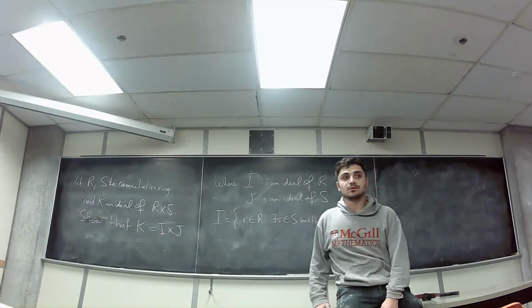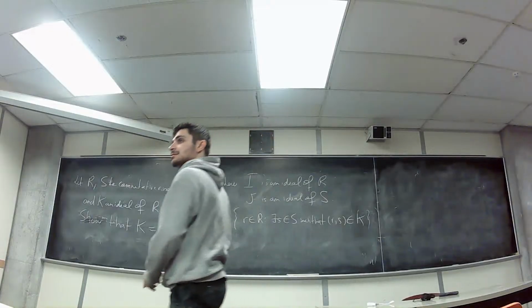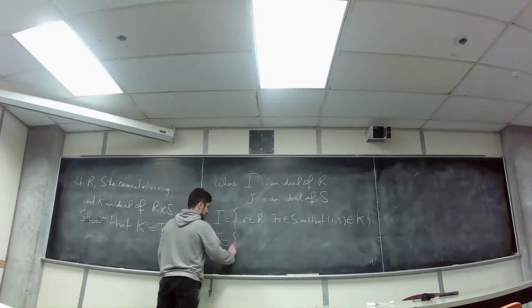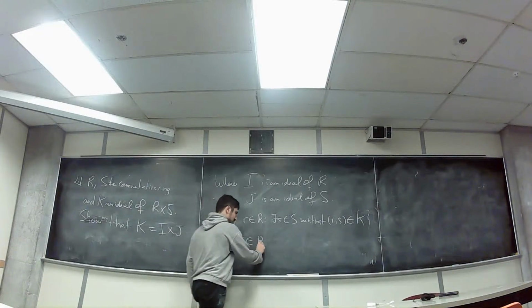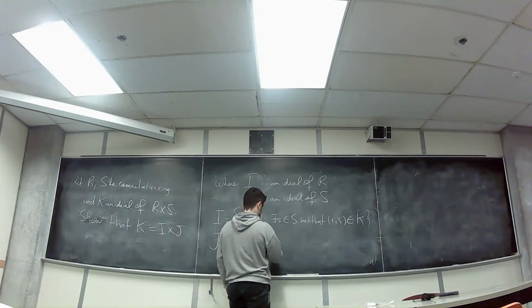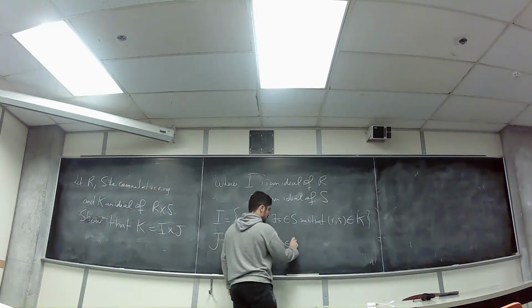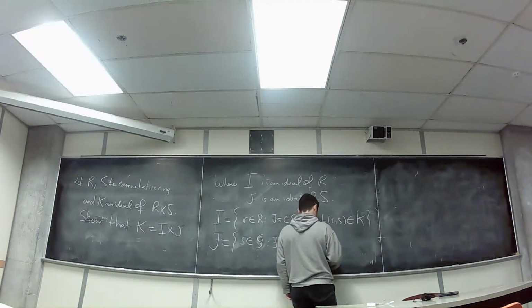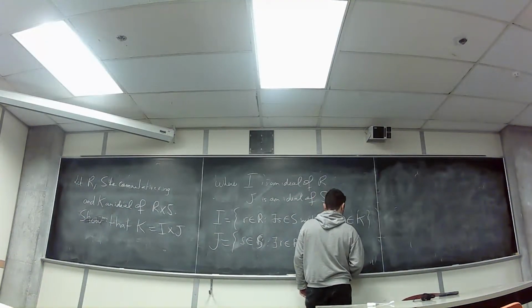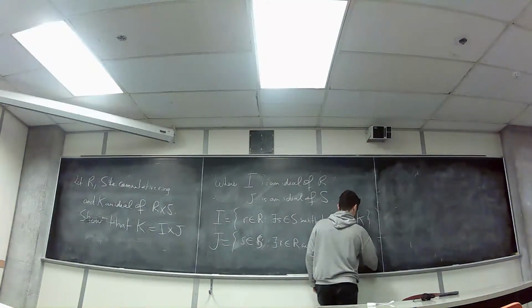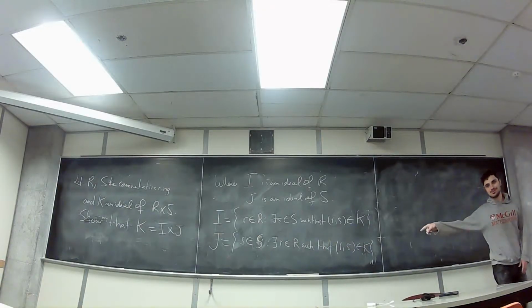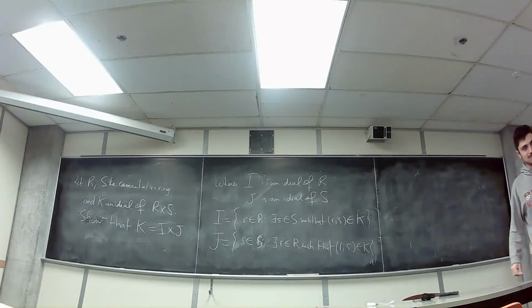Now, what is a good candidate for J? What's a good candidate for J? It's the set of all S in S such that there exists R in R such that RS belongs to K. Maybe the notation is not the best here because I should have switched R and S, but it doesn't matter.